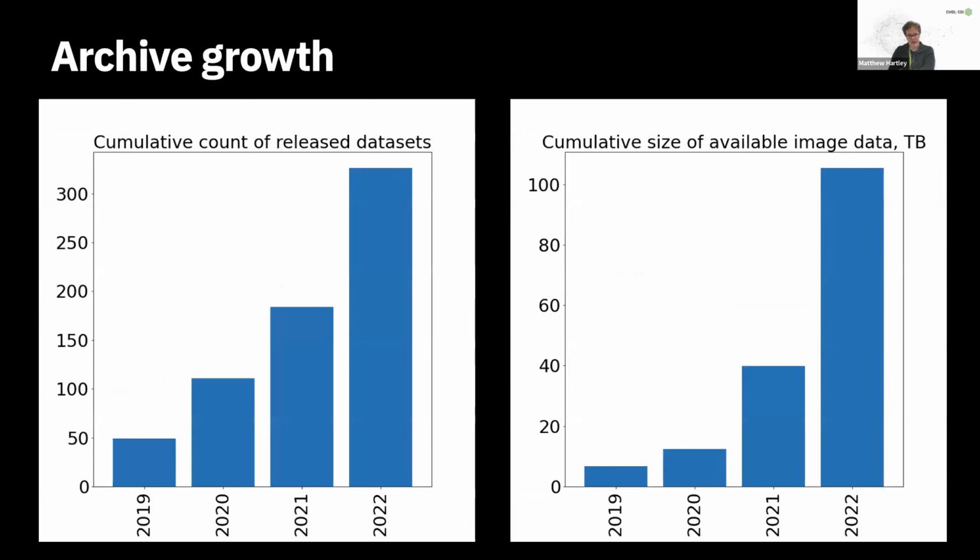The archive is actually fairly new. I'll talk about where the different data resources fit history-wise later on. We've only been running since 2019 and actually really only under active development since 2021. Not surprisingly, it's grown quite rapidly. So in 2022, we doubled roughly the number of released data sets that we have.